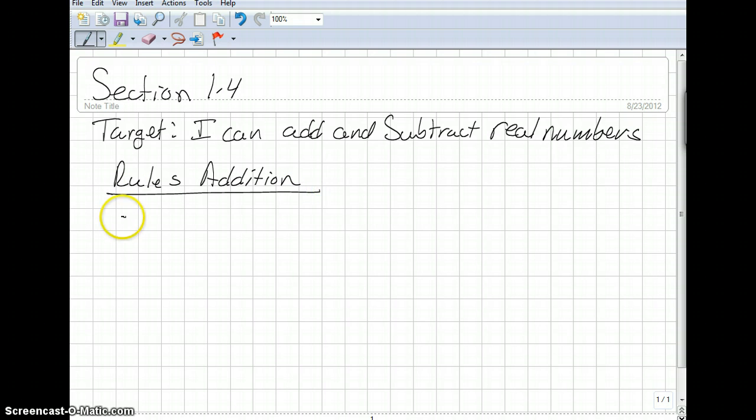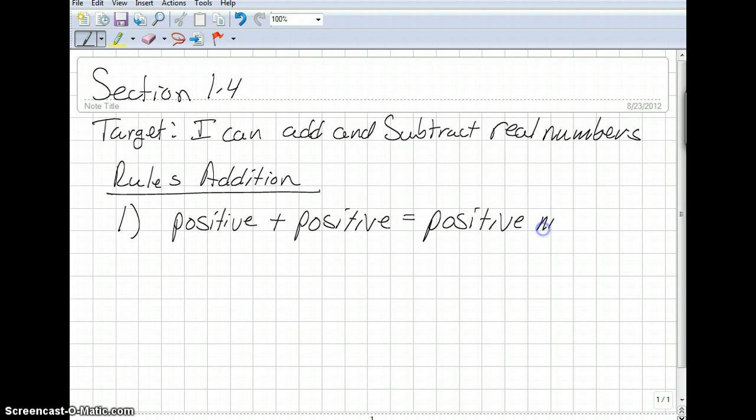And the rules for the addition are the following. Number one, if you have a positive number added to a positive number, the answer is always a positive number.